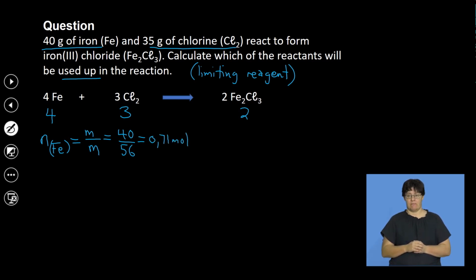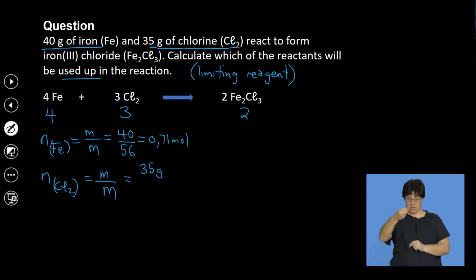What about the moles of chlorine that we have? So the moles present for chlorine, which is a diatomic molecule, is equal to mass of the sample over the molar mass, okay? The given mass of the sample is 35 grams, right? Divided by the molar mass, which is 2 multiplied by 35.5, right?